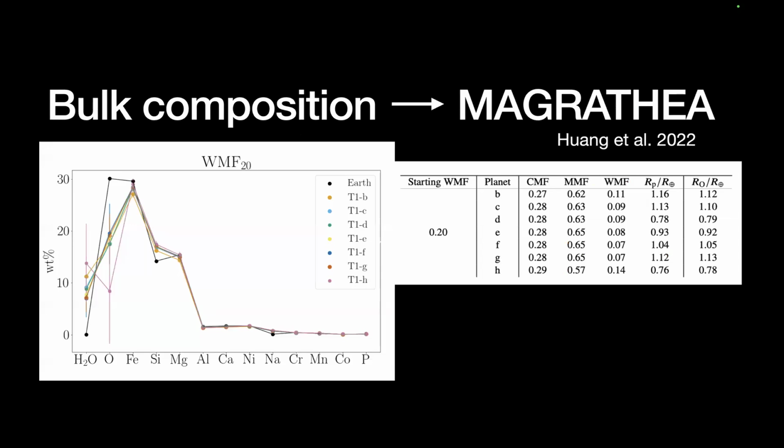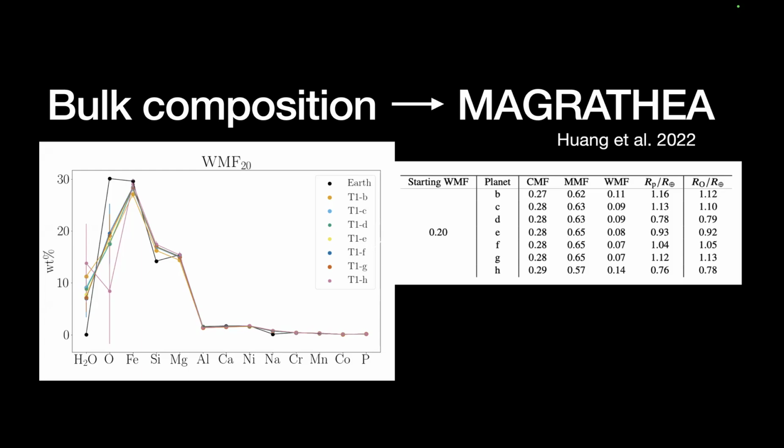Okay, so to get the bulk composition, we applied that post-processing bulk composition tracking code I showed before, using compositions that were initialized from disk condensation simulations. We then looked at all of our TRAPPIST-1 analog planets.